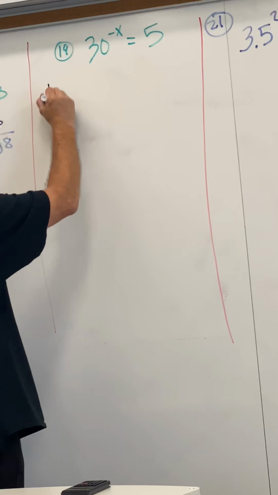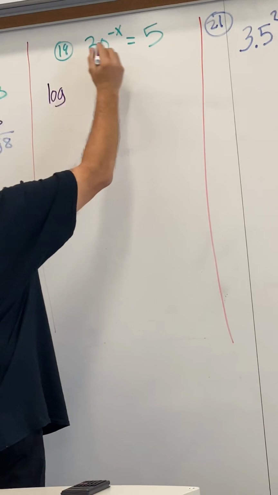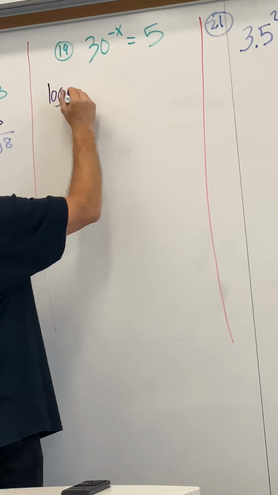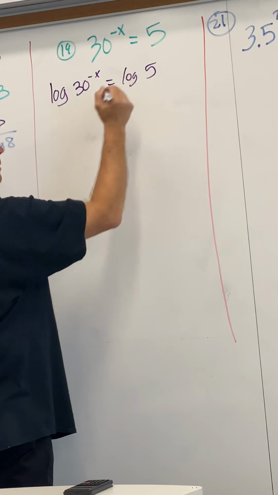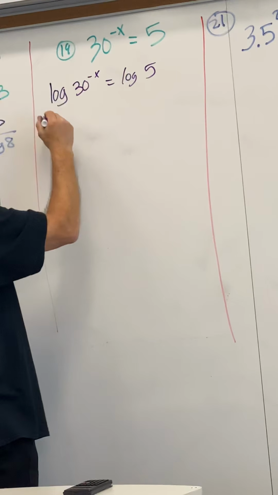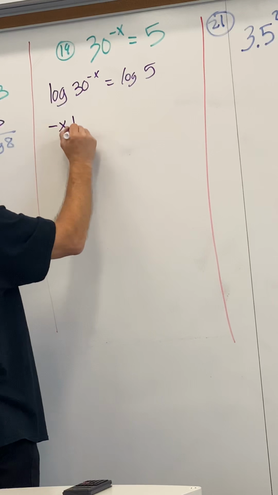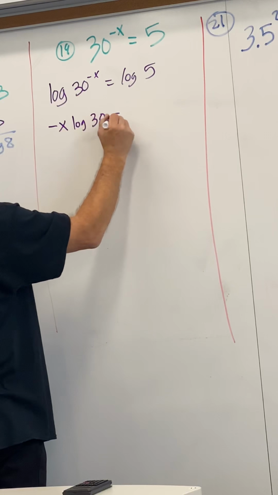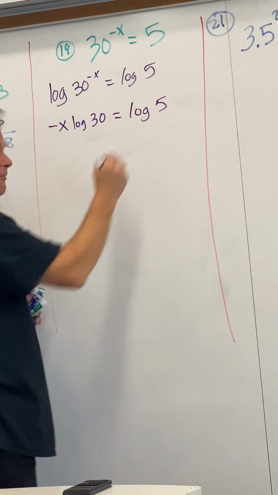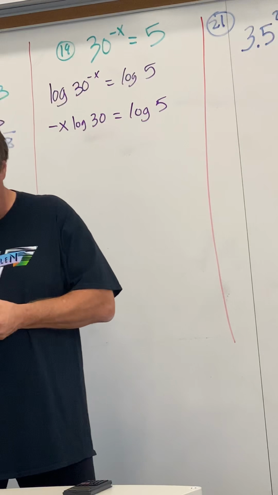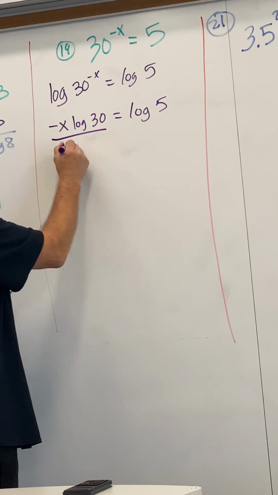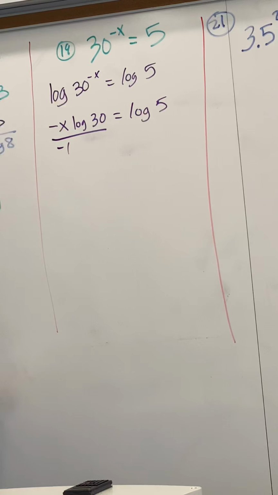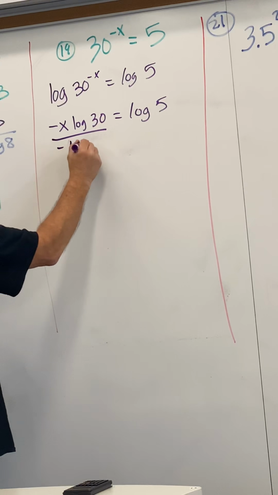I can't make 30 and 5 powers of the same base, so it's going to be log 30 to the negative x equals log 5. Pump the negative x out front and I get negative x log 30 equals log 5. I want x by itself, so I get rid of the negative by dividing by negative. I put negative 1, though it doesn't really have to be there. Negative, and then log 30.